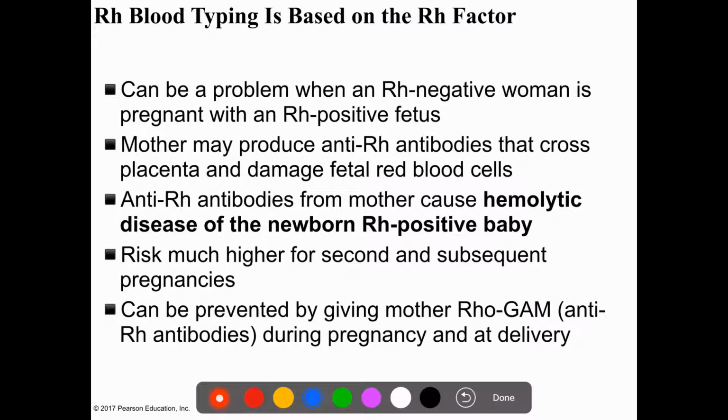Now, why is the Rh important? Because this might result, especially in pregnant women, in something called hemolytic disease of the newborn. Especially this happens if there is a woman who is Rh negative, but her baby is Rh positive.